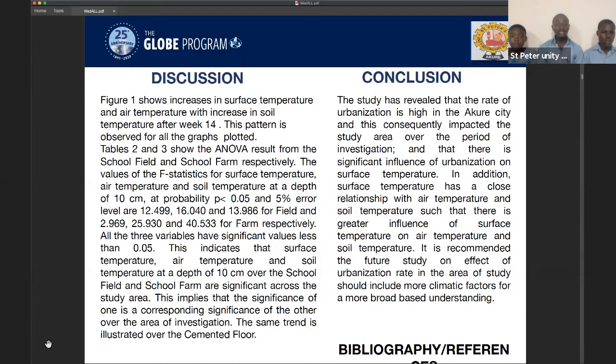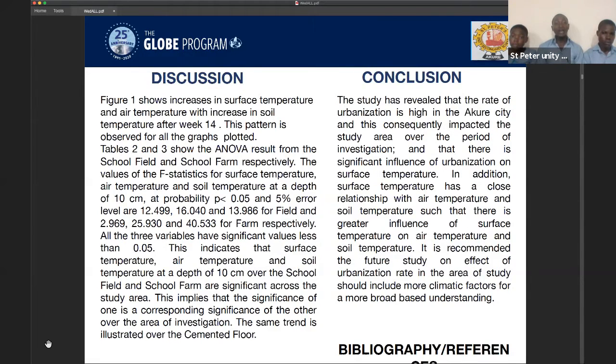This indicates that the surface temperature, air temperature, and soil temperature at a depth of 10 cm over the school field and the school farm are significant across the study area. This implies that the significance of one corresponds to the significance of the other over the area of investigation. The same trend is illustrated over the third site.